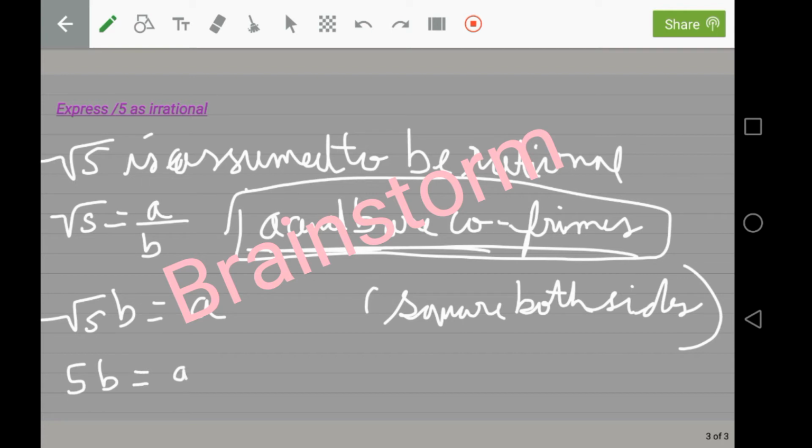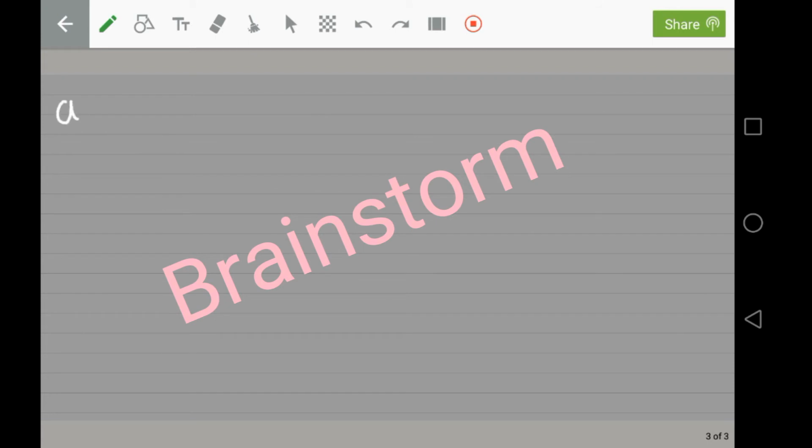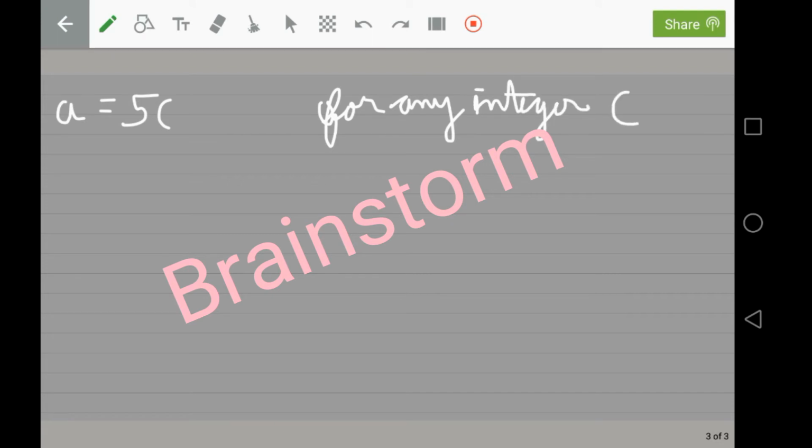So this proves that 5 is a factor of a. Now we have to prove 5 is a factor of b also. To prove this, you must write a is equal to 5c for any integer c.